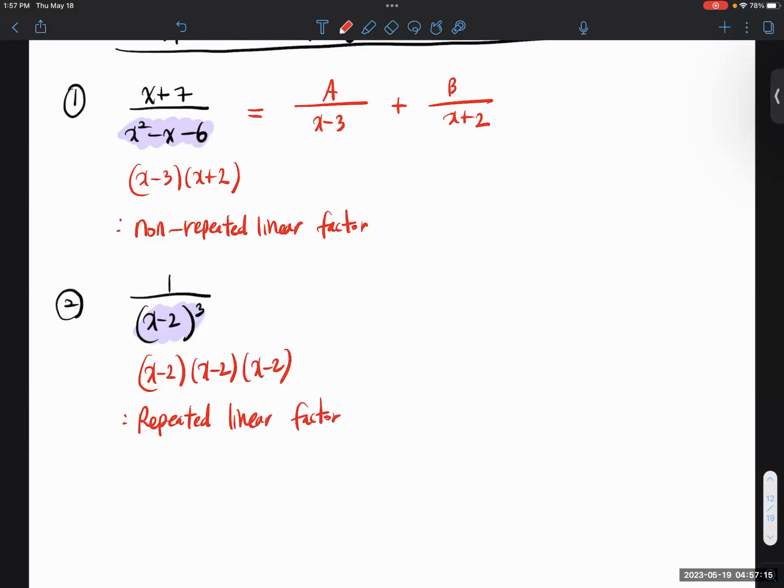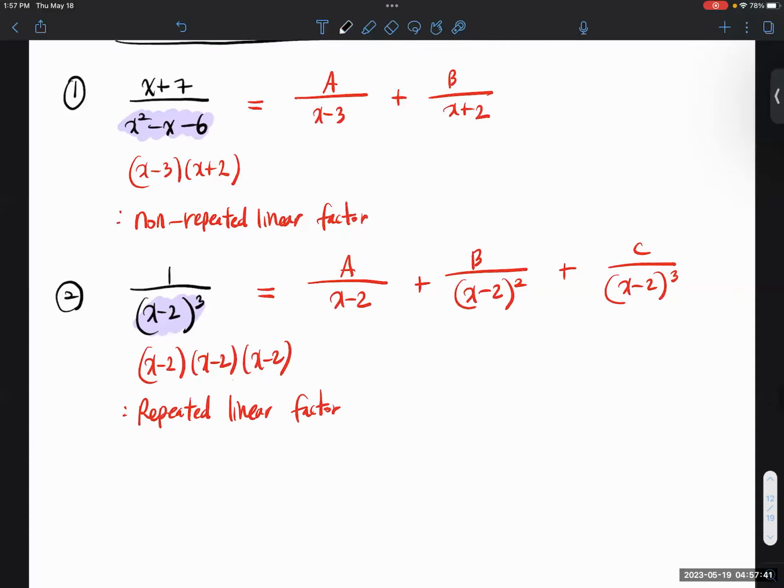If you have this case, the partial fraction is going to be this: A over x minus 2, and then B, but you keep increasing the exponent up to 3. This is how you set up the partial fraction form.